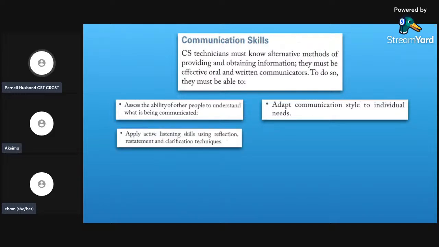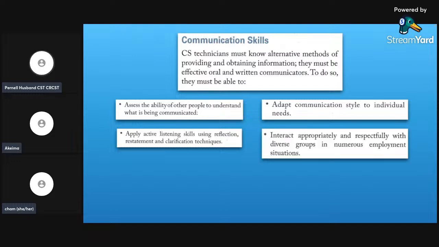Again, this doesn't just apply to central services, it applies to every business, right? Applying active listening skills, using reflection, restatement, clarification, critically important when we're talking about what instruments are required, where, and when.